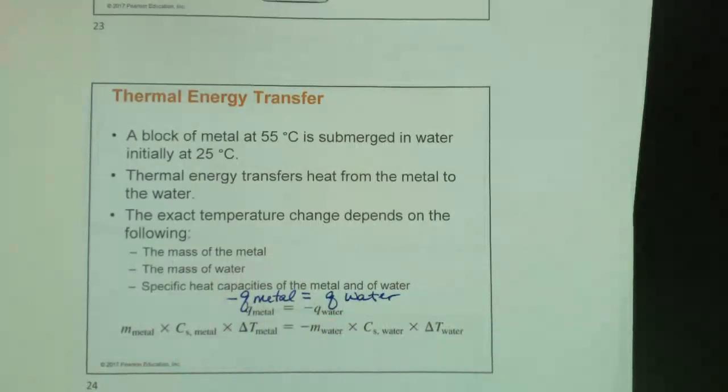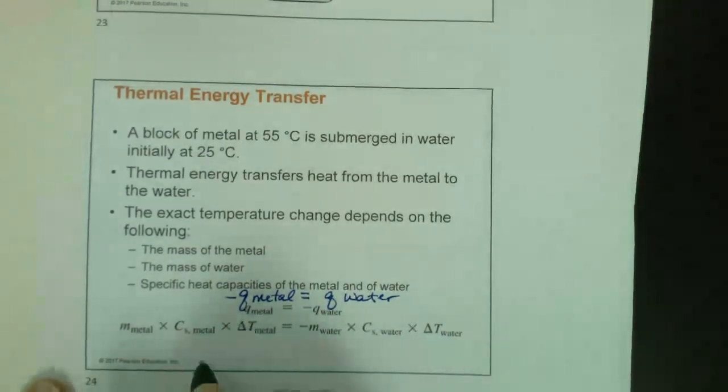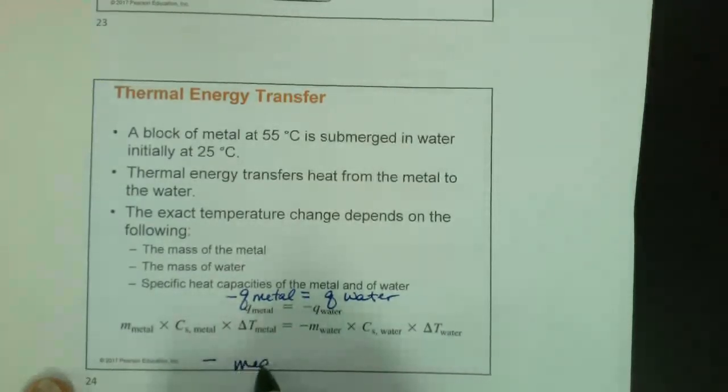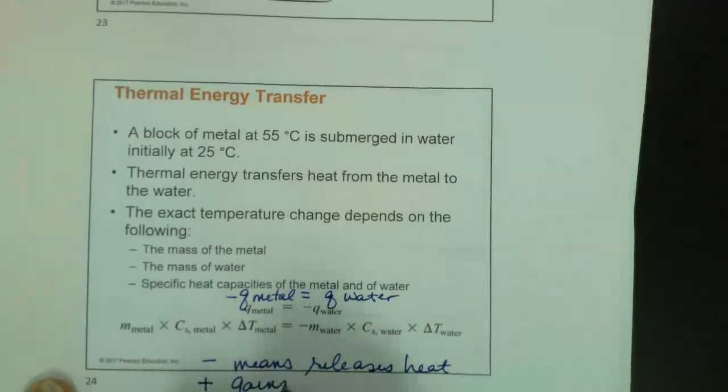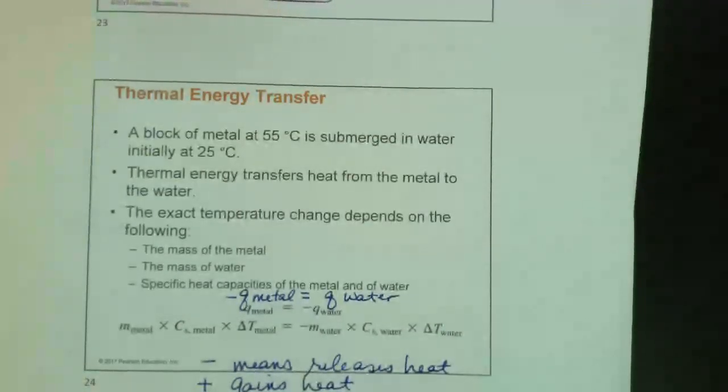Now, those are the same thing because of the opposite values, but in my mind, it makes more sense because we know a negative value means releases heat, whereas a positive value means it gains heat. So that's one thing that the book does that is not my favorite, but that's all they're trying to say there.